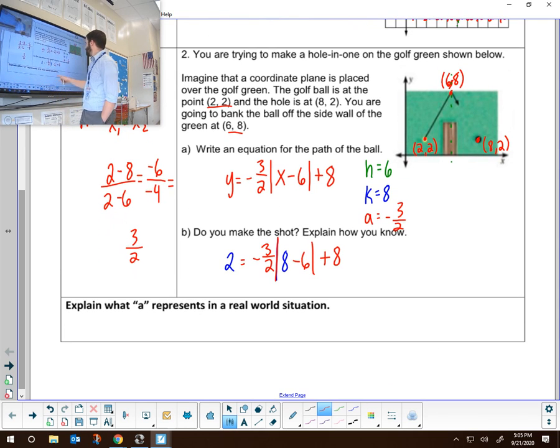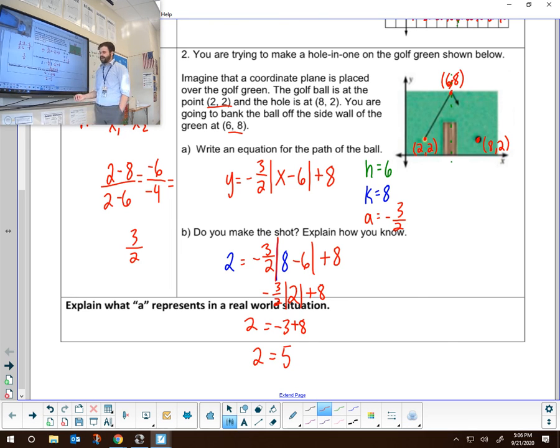So if I go 8 minus 6, that is 2. 2 times negative 3 over 2 is a negative 3. Negative 3 plus 8 is 5. Man, 5 doesn't equal 2, so no, this is not going to be it. So we're going to say, no, we don't make the shot, which is just too bad.